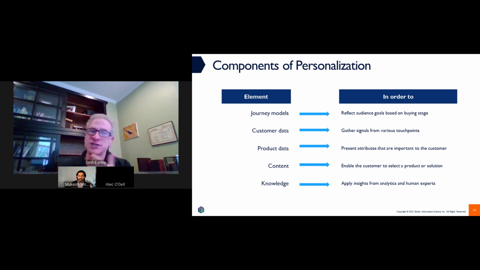Now, product data is another piece of this. Everybody sells products of some sort, or services, sometimes productized services. But the point is, what is it about that product that's important to your user? Take a B2B industrial manufacturer, for example. They may have a persona that's a design engineer.